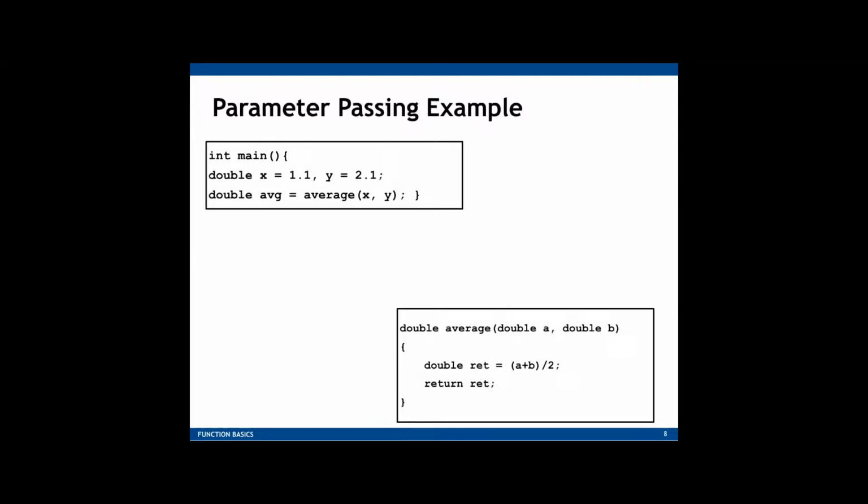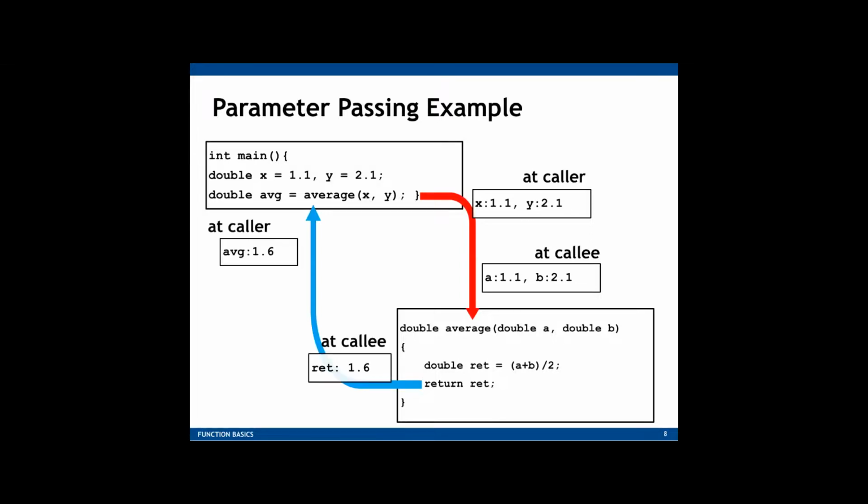Okay, so now let's talk about callee, caller, and parameters. What is the difference between callee and caller? Here we define a function named average. This is a function definition.